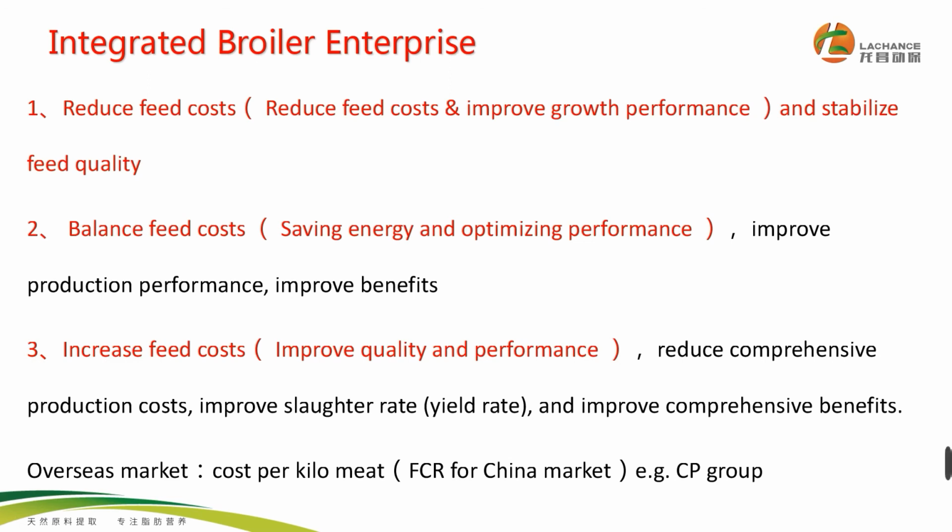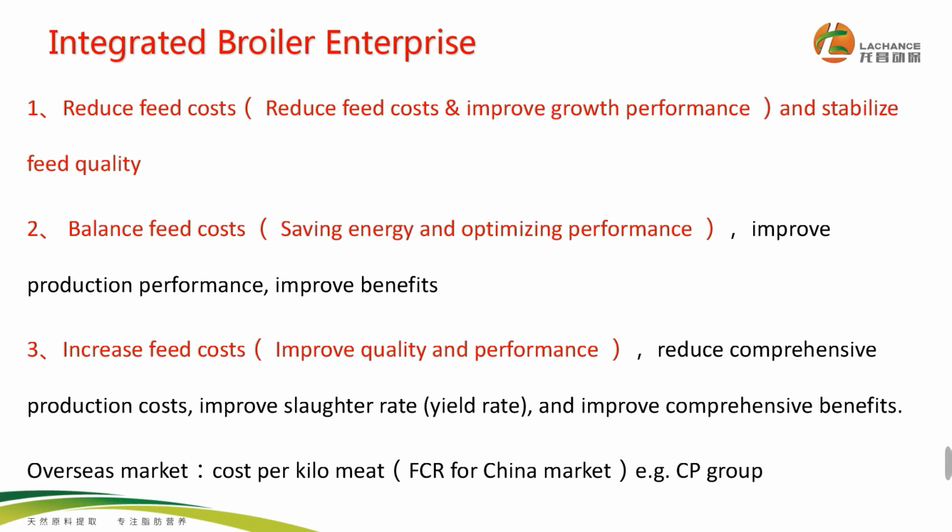Then is for the integrated broiler enterprises. The first, reduce feed cost and stabilize the feed quality. The second is balance feed cost, saving energy and optimizing performance, improve the production performance, improve the benefits.